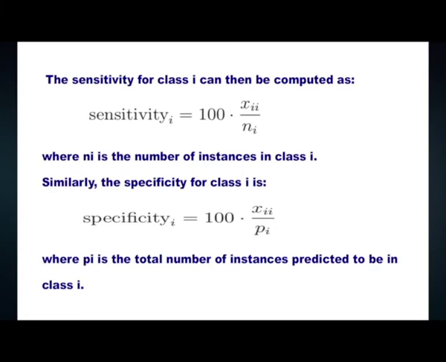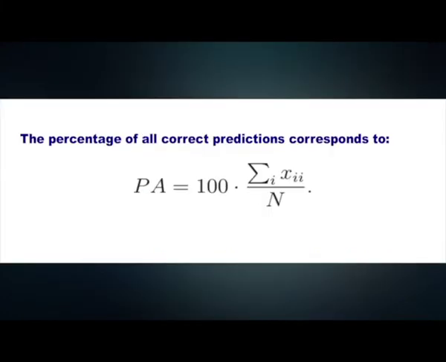Similarly, the specificity for class i is calculated using the formula specificity of i equals 100 times Xii divided by Pi, where Pi is the total number of instances predicted to be in class i. The percentage of all correct predictions corresponds to PA equals 100 times the summation over i of Xii divided by N.